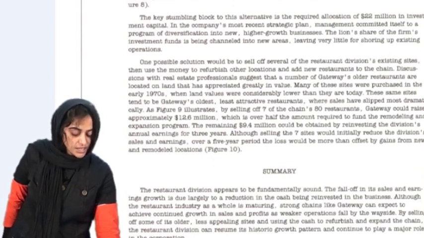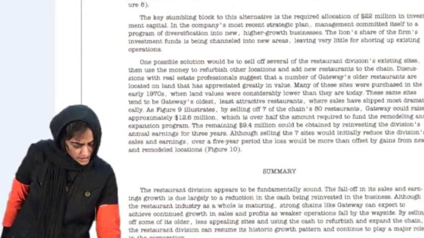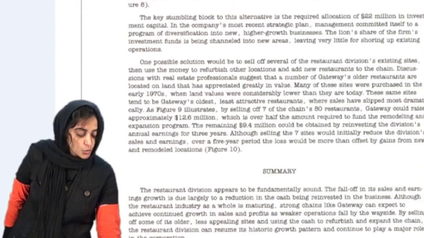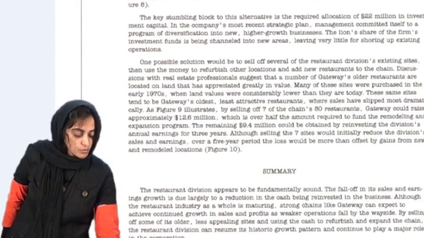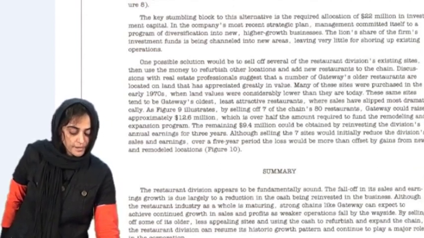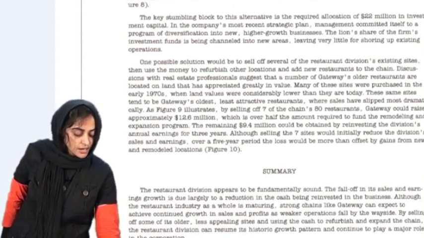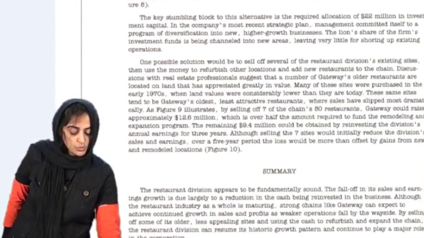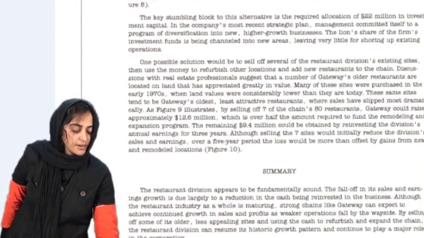These same sites tend to be Gateway's oldest, least attractive restaurants, where sales have slipped most dramatically. By selling off 7 of the chain's 80 restaurants, Gateway could raise approximately $12.6 million, which is over half the amount required to fund the remodeling and expansion program.